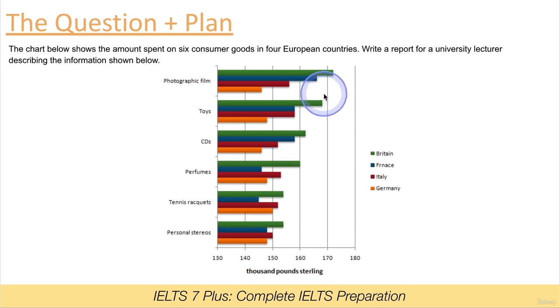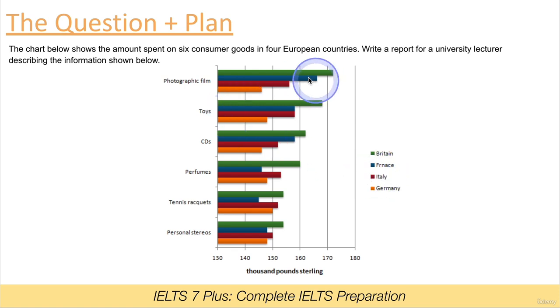Which other country? We could say Italy starts out with, ends with less than they did at the start, almost following the same pattern. So we could group Britain and Italy together, perhaps.